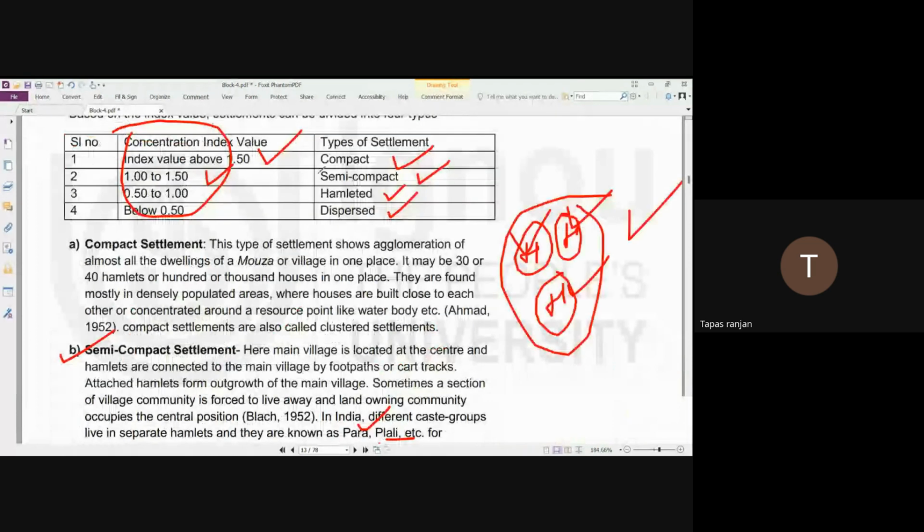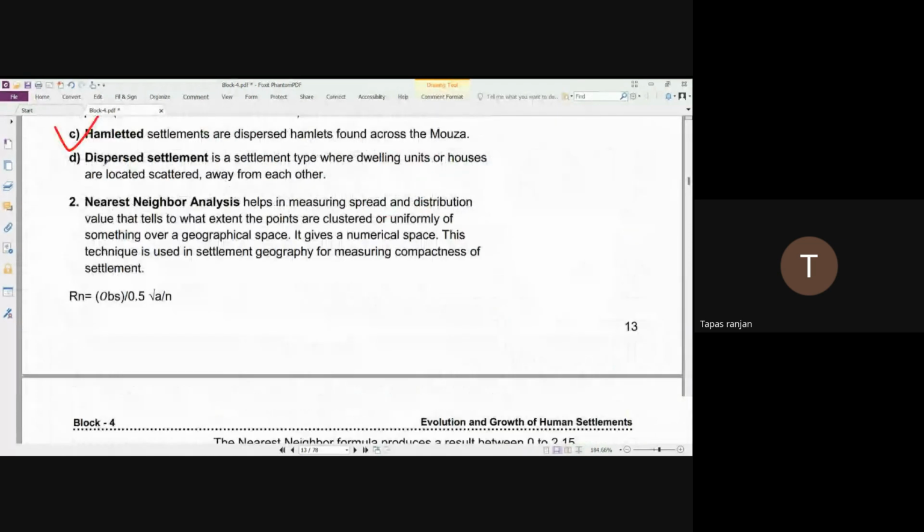Then you can have the nearest neighbor analysis. What does that really mean? Through this formula, we can define the space between different settlements.